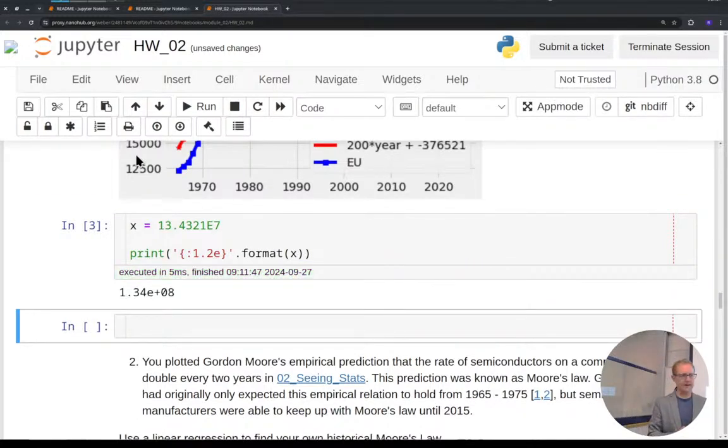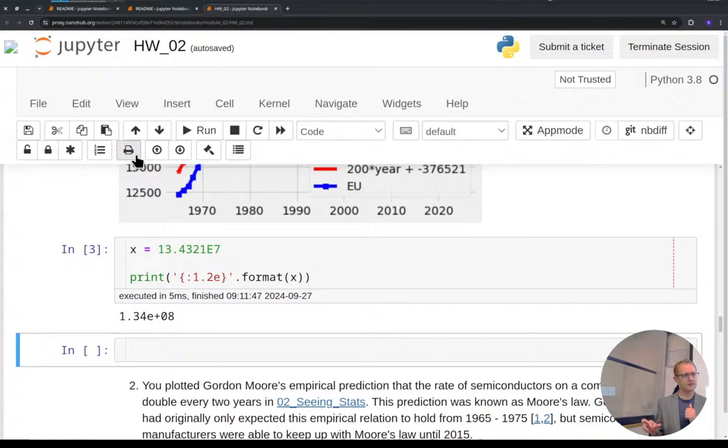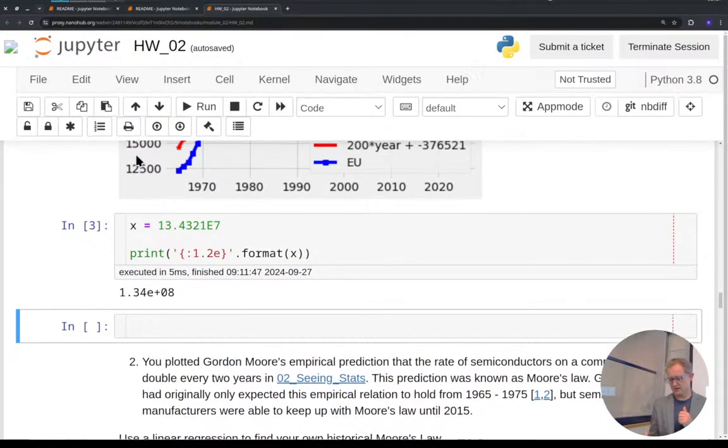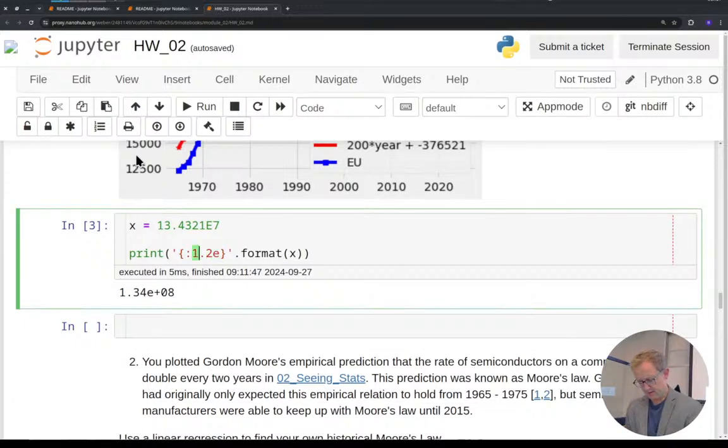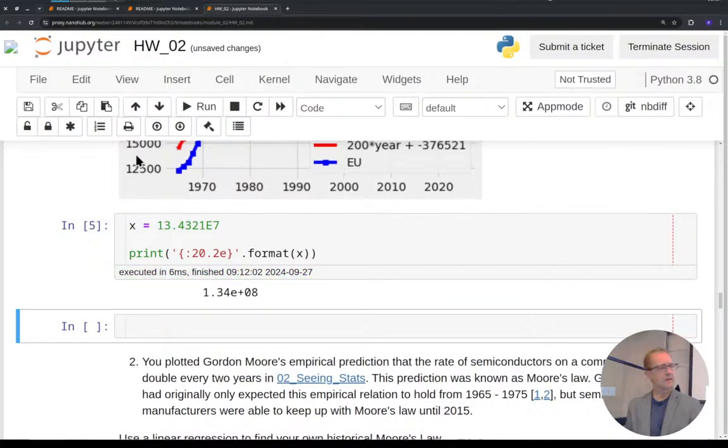Yeah, if you use that lowercase e, then it puts it in scientific notation. And the number before the decimal point? That one tells you how many spaces you want it to take up. So if I put 20, there's a bunch of white space in front of it.